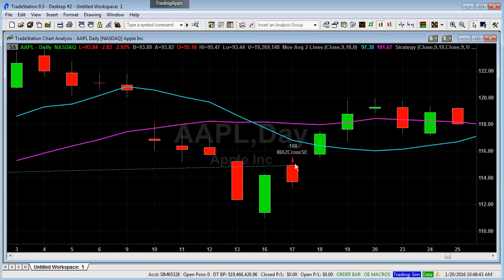However, the signal is not generated until the following bar. Why is that? The reason for that is because by default, the strategy is evaluated on the close of every bar. So it had to wait until this green candle closed right here to confirm that the crossover was true. That's just a default calculation.